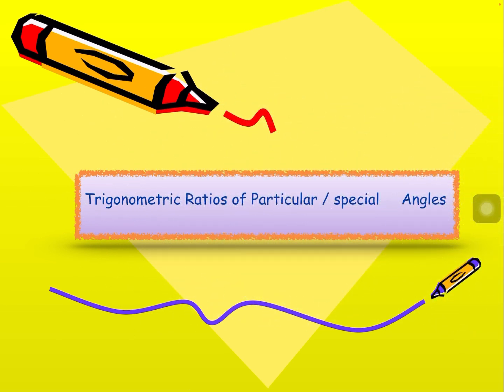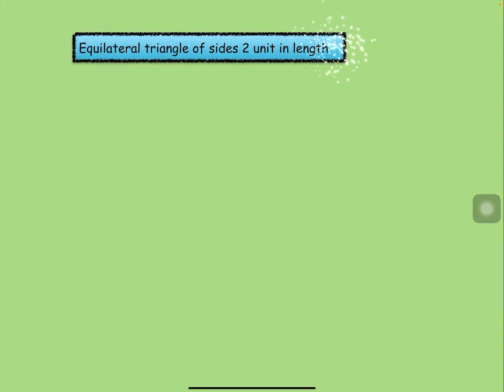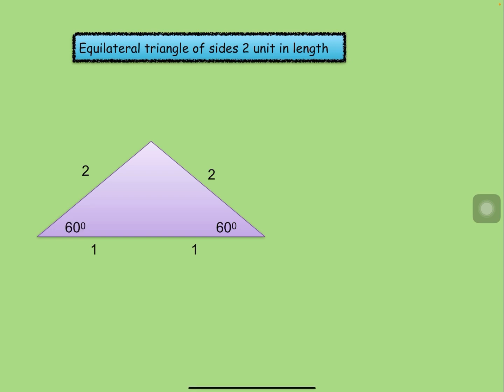Trigonometric ratios of particular or special angles. Equilateral triangle of sides 2 units in length. So each side should have 2 for the length, and also each angle must be 60 degrees.